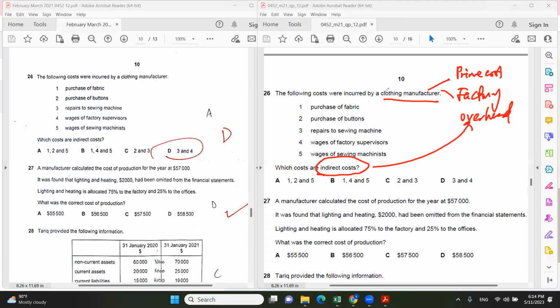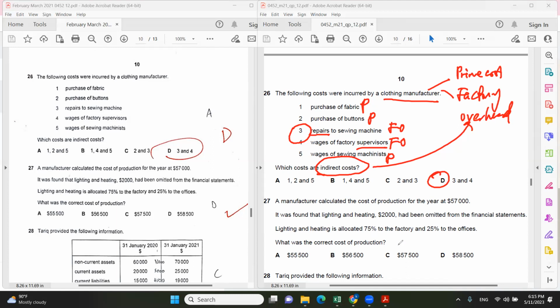Purchase of fabric, this is clothing, so this is a prime cost. Buying buttons is also prime cost. Repair is a factory overhead. Wages of factory supervisor: supervisor cost is a factory overhead. If a worker, it is a prime cost. Wages of sewing machinist is a prime cost. So indirect only have 3 and 4. So 3 and 4, D.